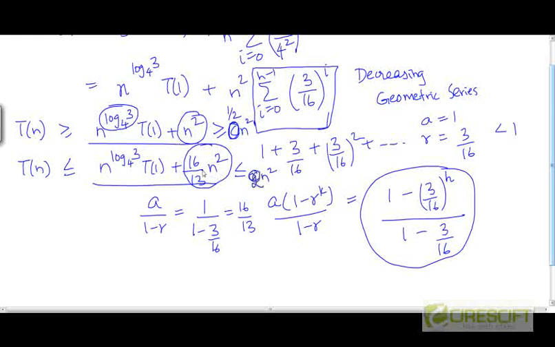I'll leave the details to you, but you can figure out that if we take 16 by 13 on this side, you're going to get some fraction of n square. And on the other side, you will have a lower order term. You're going to have a power of n that's less than 1. So any constant times n square is going to be greater than or equal to any other constant times n to the power some number that's less than 1.